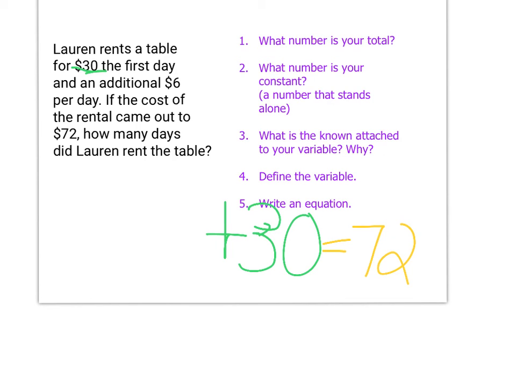Okay, we are looking for how many days did she rent the table, so that would be our variable, how many days she rented the table, and the table is $6 per day, so that would be what we are multiplying by. So the equation was 6x plus 30 equals 72.